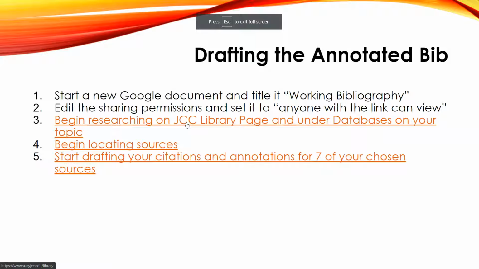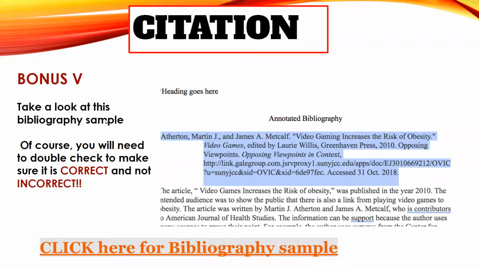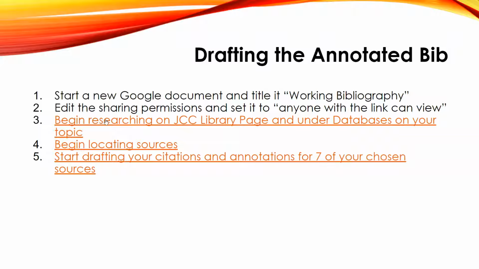So anyway, we are going to begin drafting the annotated bib here. What I would like everyone to do is to start a new Google document and title it Working Bibliography, and then edit the sharing permissions and set it to anyone with the link can view. And then from there you can begin researching on the JCC library page and under databases on your topic.